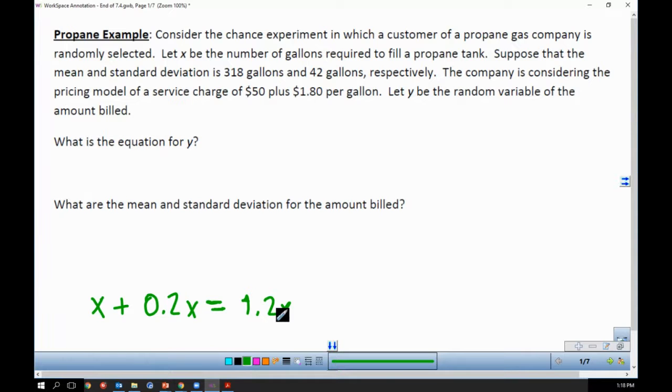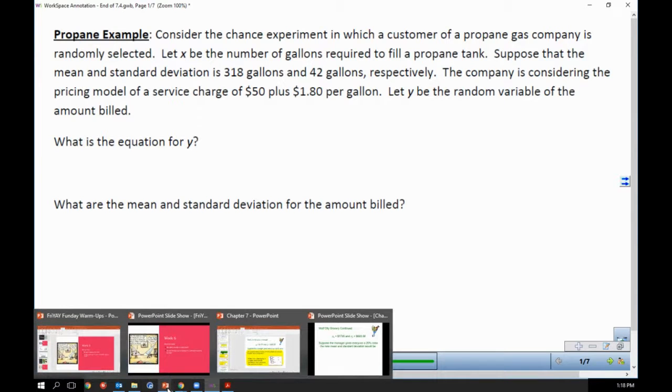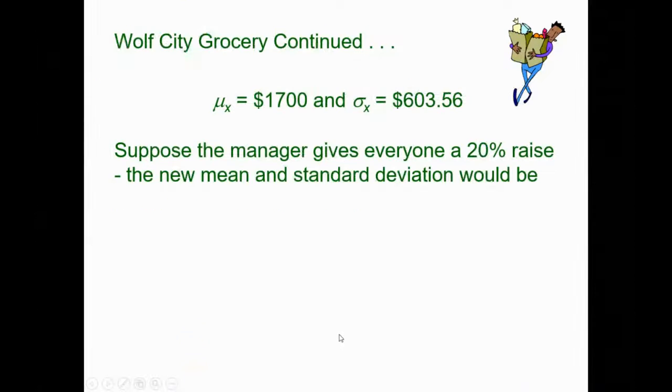So in L3, multiply your original salaries by 1.2. Now, you don't have to sit there and calculate back and forth with 2 calculators. You can actually enter it in. So our first one's 3,500.